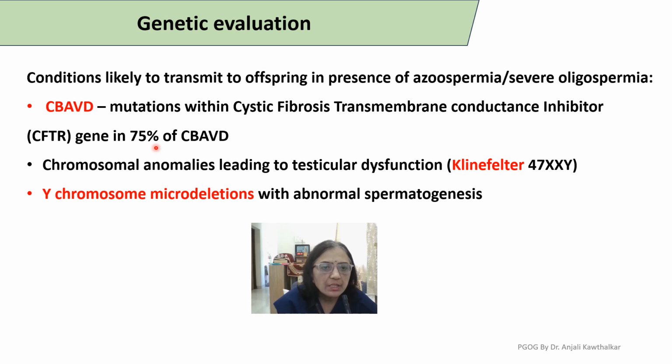Mutations in this gene are seen in 75% of cases of CBAVD, and that is why this testing is to be done whenever there is a congenital bilateral absence of vas deferens. Chromosomal anomalies leading to testicular dysfunction, such as Klinefelter syndrome 47XXY, and Y chromosome microdeletions with abnormal spermatogenesis also need to be diagnosed by genetic evaluation.